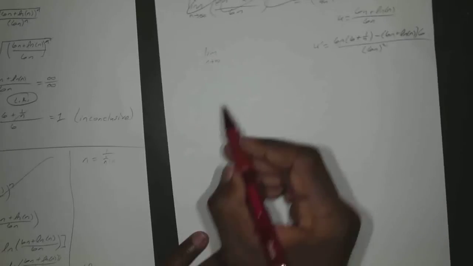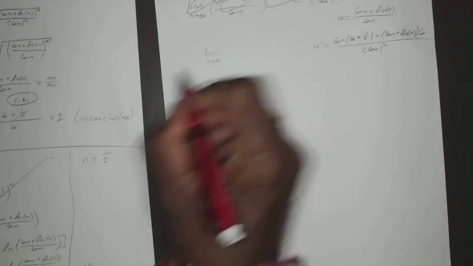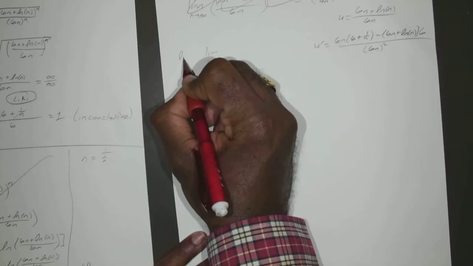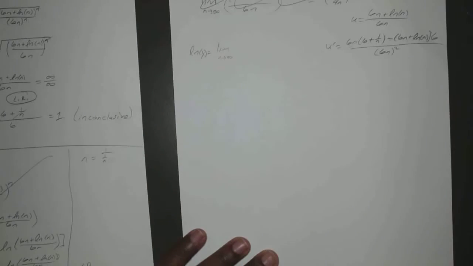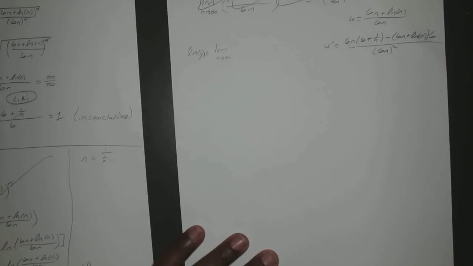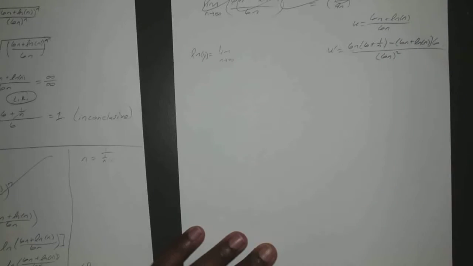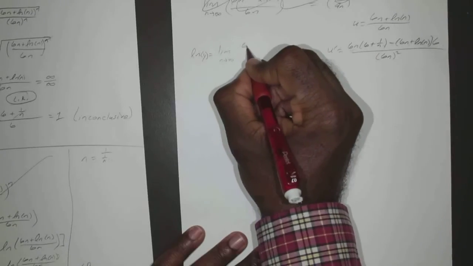So that's going to be the limit of the derivative. I'll bring my natural log of y over here. That's going to be u prime over u, so it'll be this over that. So this will be 6n.